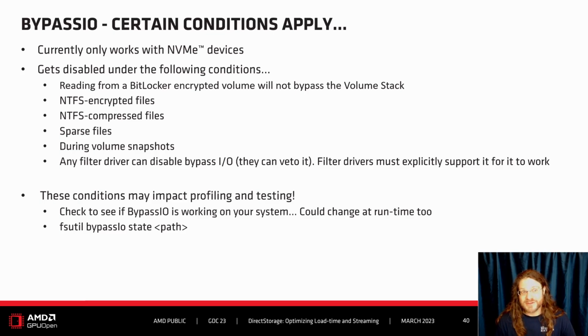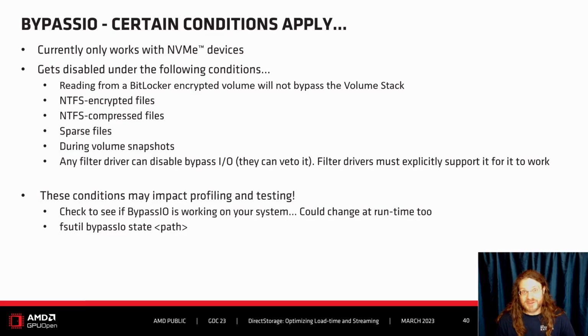NTFS encrypted files, NTFS compressed files, sparse files during volume snapshots, and if any filter driver is installed in the IO stack, which vetoes bypass IO or does not implement support for bypass IO. Because some of these conditions are dynamic, bypass IO can be disabled dynamically at any time. However, it is done so transparently, file reads will not suddenly start failing.